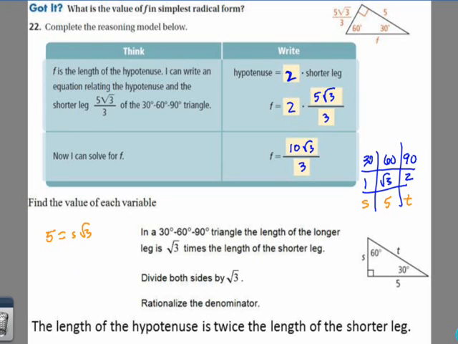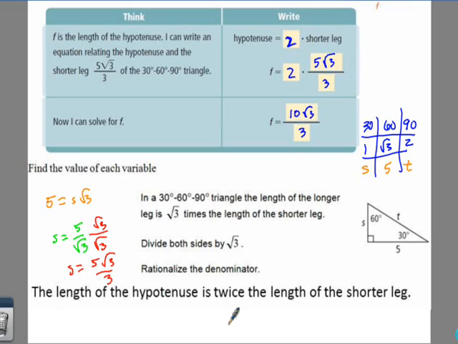We divide both sides by square root of 3, and we get s equals 5 over square root of 3. Then we have to rationalize our denominator. We multiply both sides by square root of 3, and we get s equals 5 times the square root of 3 over 3. Okay? To find the hypotenuse, we just double it, which is what we did up here. Okay? We just double it. No problem.